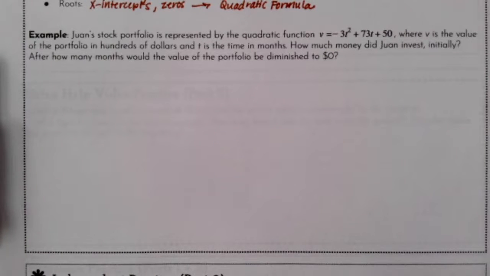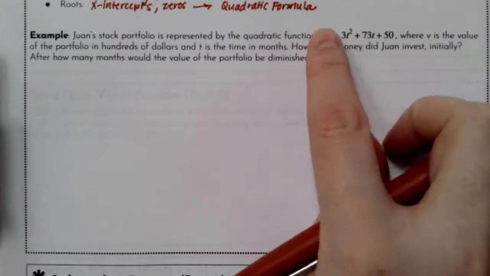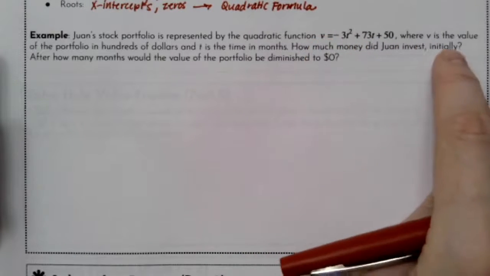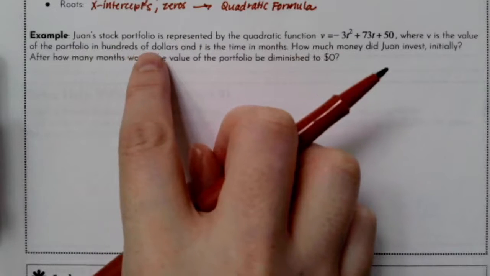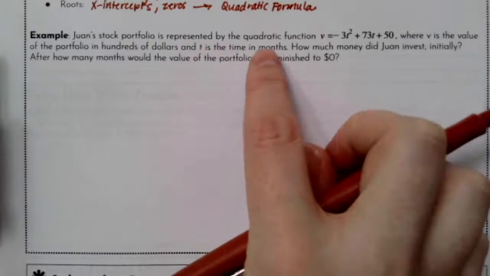In this example, you first want to read the problem, just trying to figure out what's going on. It says Juan's stock portfolio is represented by this quadratic function, where V is the value of the portfolio in hundreds of dollars, and T is the time in months.